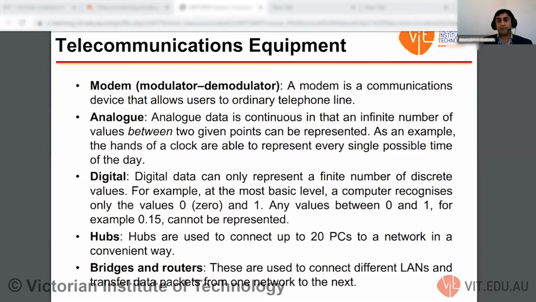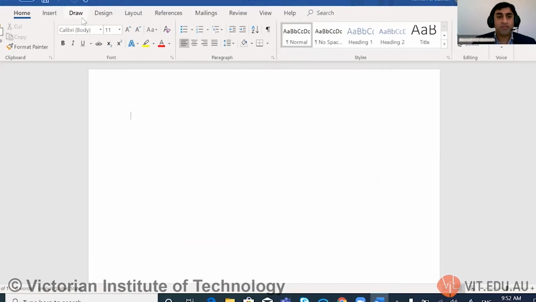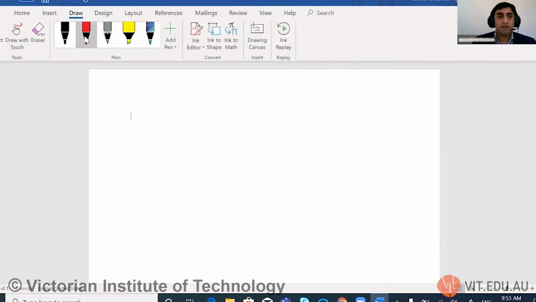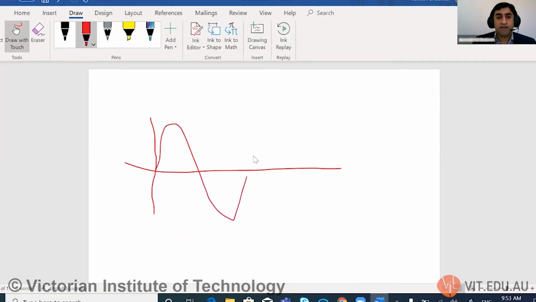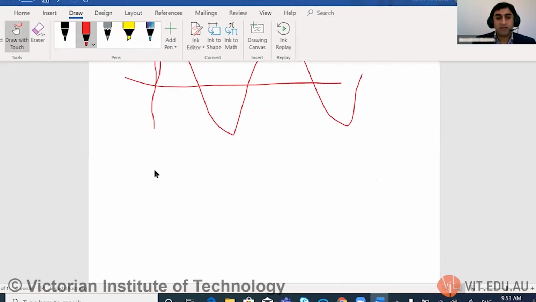So basically, the digital signal and the analog signal need to be converted, from analog to digital and digital to analog. If we take an example, an analog signal is a signal that travels in a sinusoidal wave, whereas a digital signal is a discrete signal.